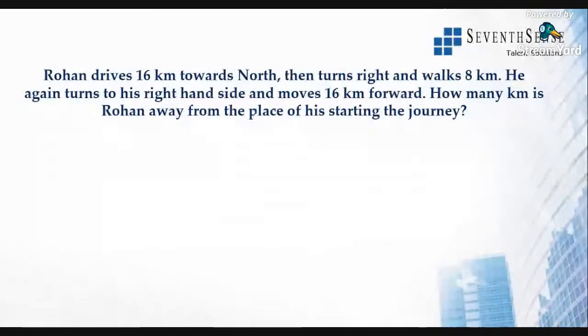We have the question. Mind you, here I'll also be explaining the different types you will encounter. The question is: Rohan drives 16 kilometers towards north. Then he turns right and walks 8 kilometers. Here you should understand that right and left are always towards your own right and left. Then he again turns to his right-hand side and moves 16 kilometers forward.